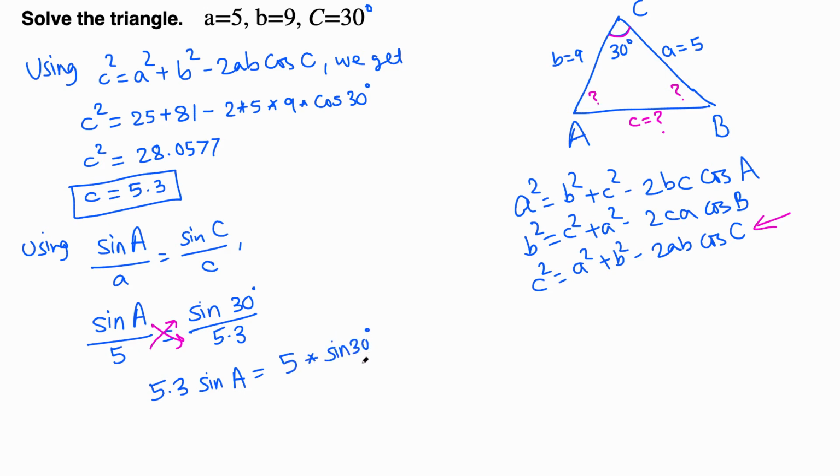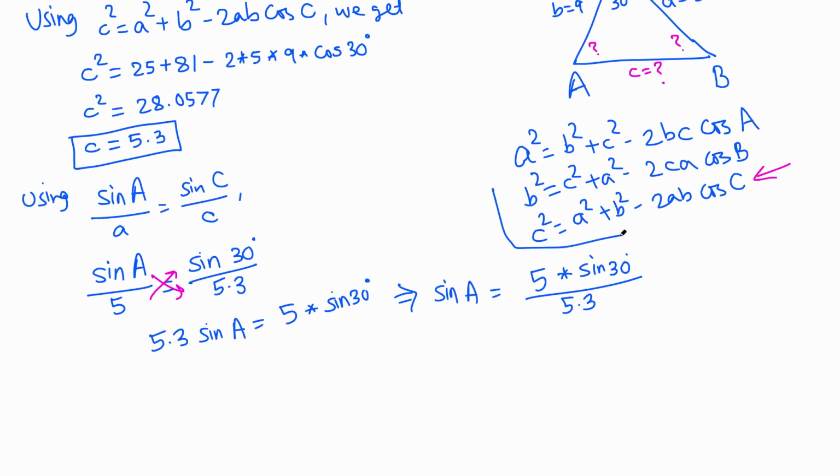By the way, 30 is a standard angle, and we know sine 30 is just 1/2. We don't have to find the value because we can use our calculator. Dividing by 5.3, we get sine A equals 5 times sine 30, which is 1/2, luckily, over 5.3.